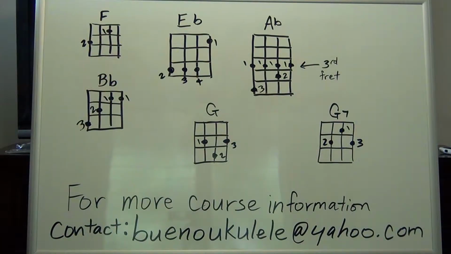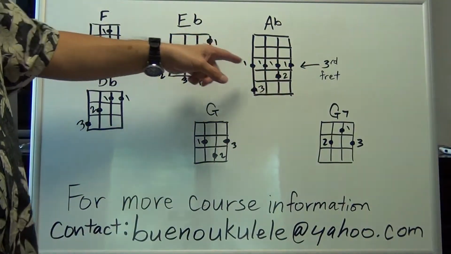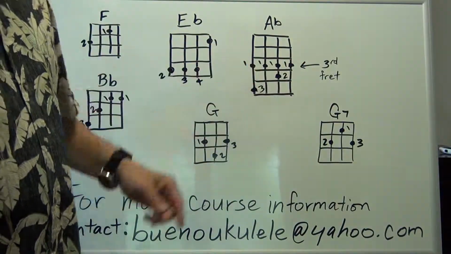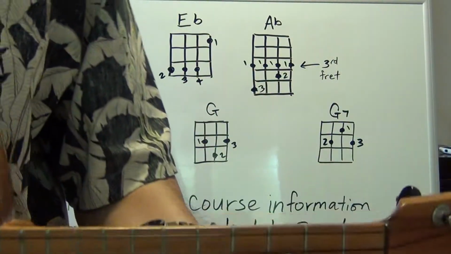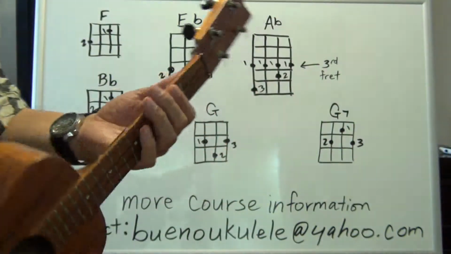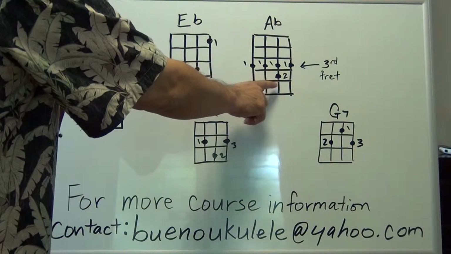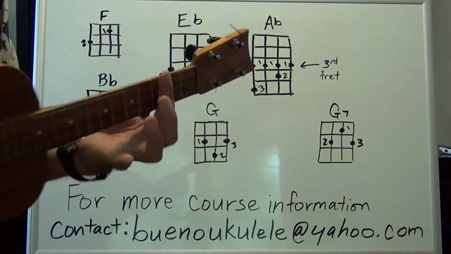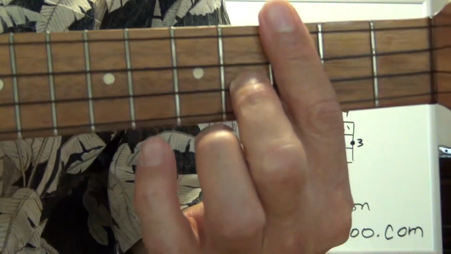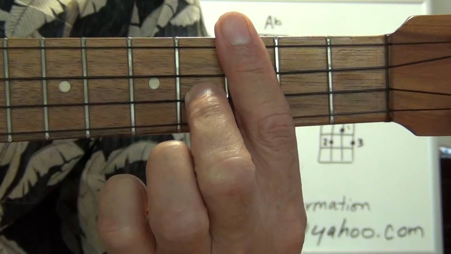First of all, one whole finger on the 3rd fret, covering down all 4 strings. So we start with that. Next, we have the 2nd finger coming down on the 2nd string on the 4th fret.